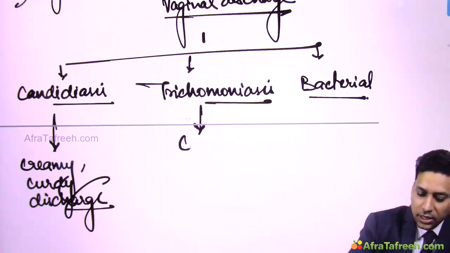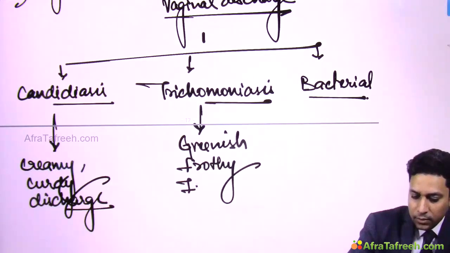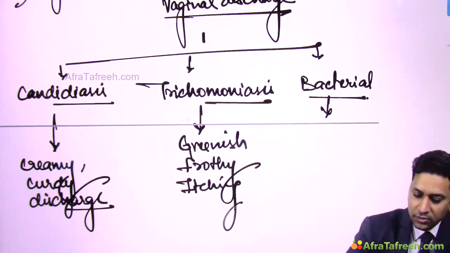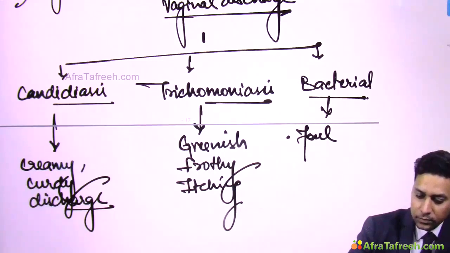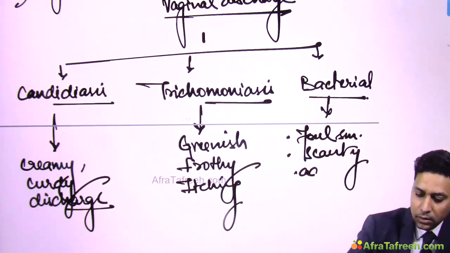Trichomoniasis presents with greenish, frothy discharge with a lot of itching, and bacterial vaginosis presents with foul smelling, scanty, adherent discharge.